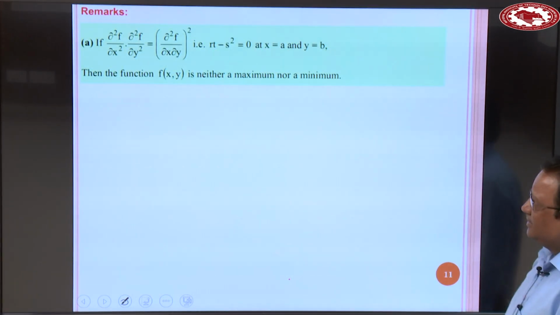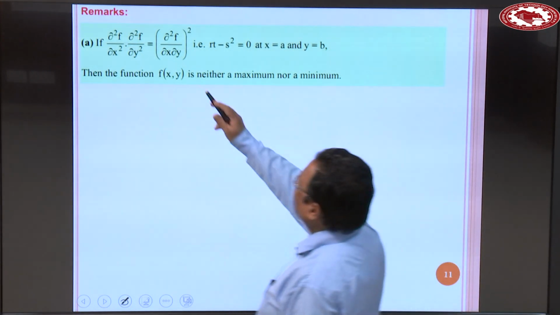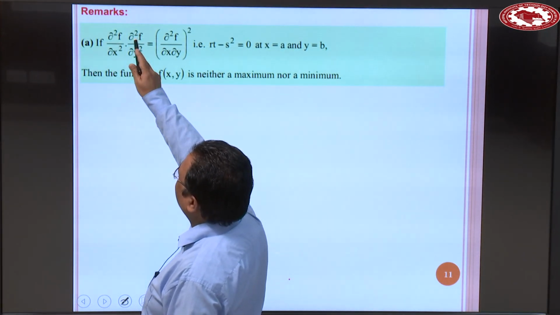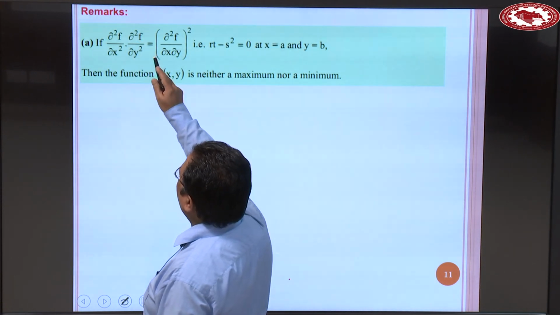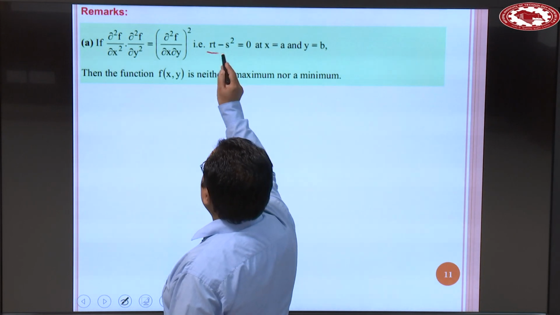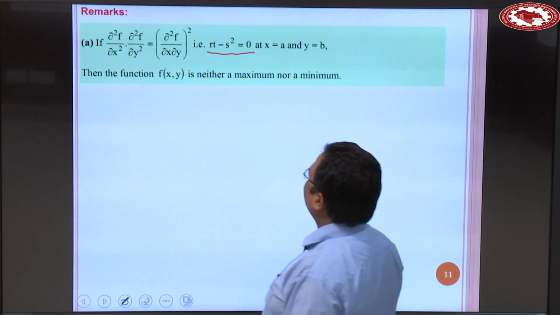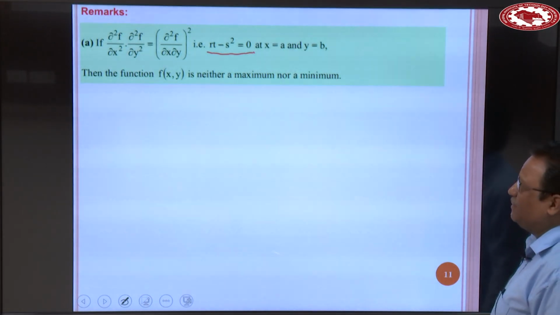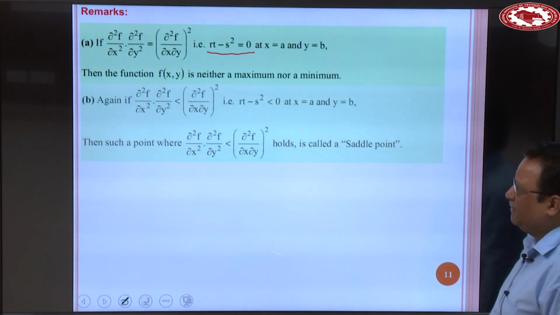Now, remarks: if rt minus s square is equal to 0, meaning ∂²f/∂x² times ∂²f/∂y² is equal to (∂²f/∂x∂y)², that is rt minus s square is equal to 0 at x equal to a and y equal to b, then the function f(x,y) is neither a maximum nor a minimum.